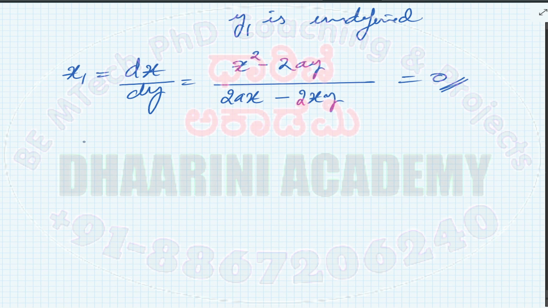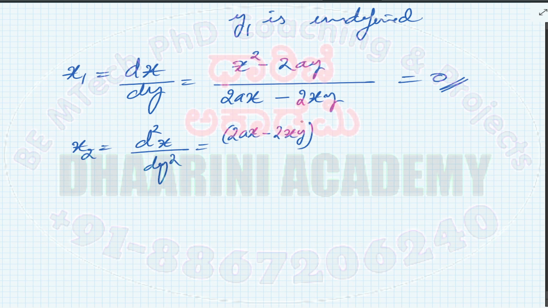What is x2? Therefore, x2 is equal to d square x by dy square. Simply differentiate this term. How do you do it? It's a quotient rule. So write the denominator, that is 2ax minus 2xy, into the differentiation of the numerator, that is 2x into x1 minus 2a, is the first term.